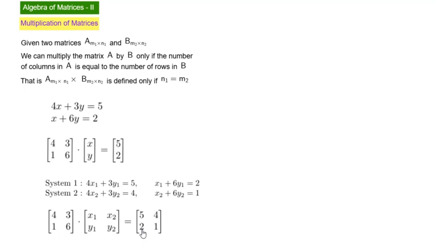That would give us system 1. For system 2, we multiply the rows of this matrix with the second column. So 4x2 plus 3y2 is equal to 4, 1x2 plus 6y2 is equal to 1.